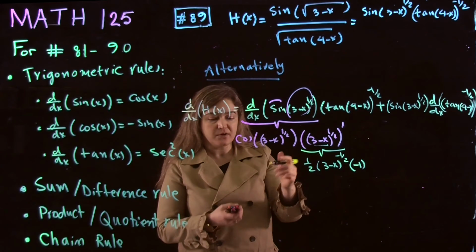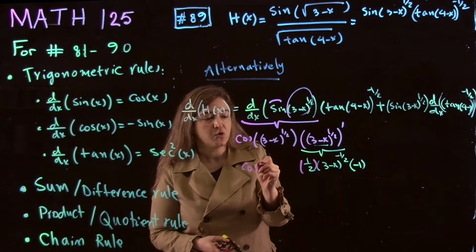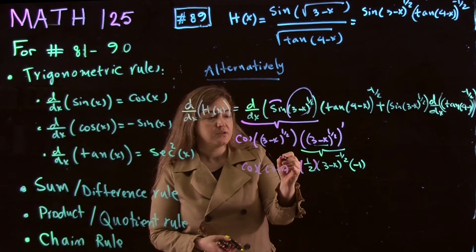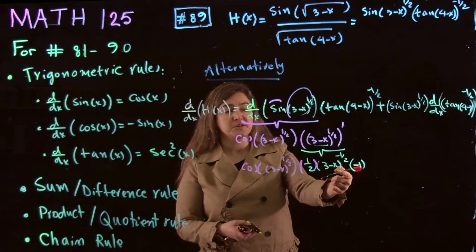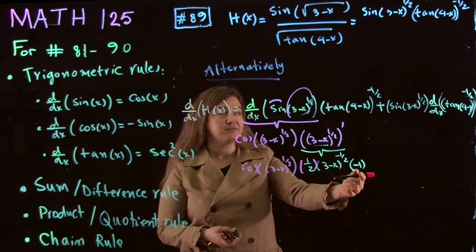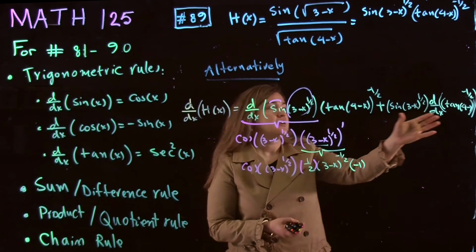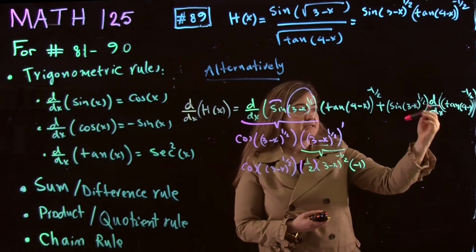So the entire derivative becomes cosine of 3 minus x to power 1/2 times 1/2 times 3 minus x to power negative 1/2 times negative 1. Now let's try to compute the derivative of the second factor.